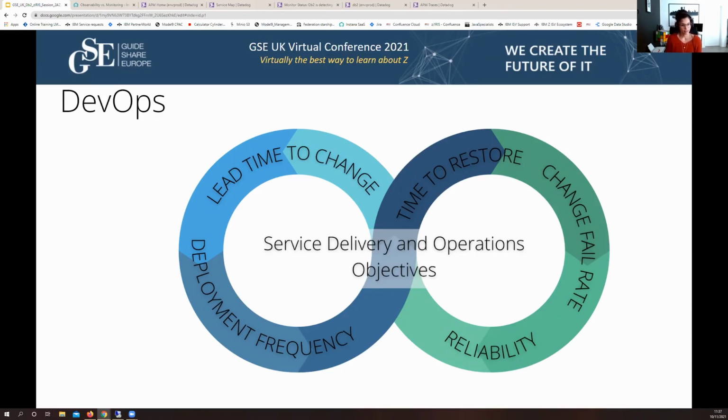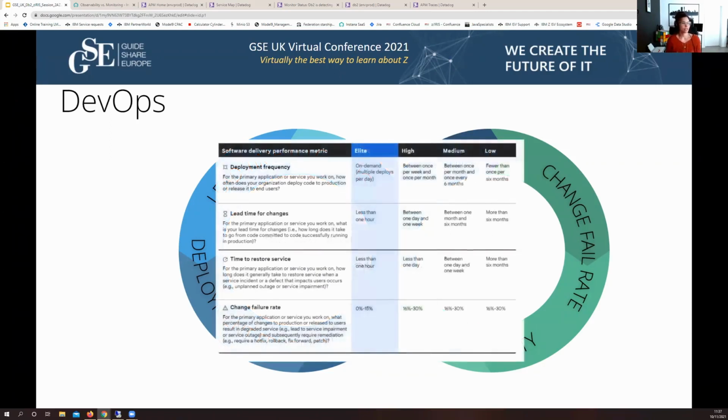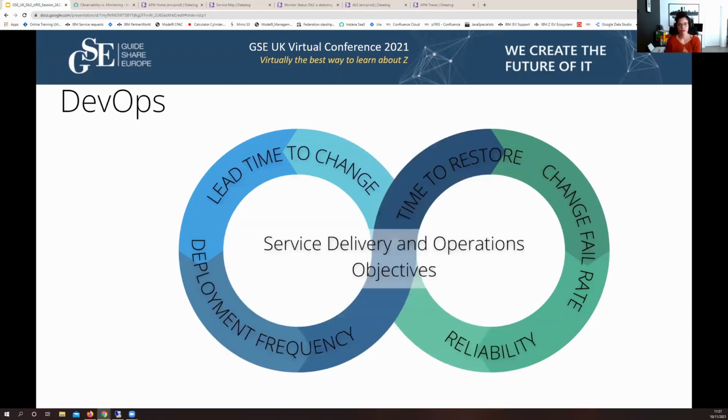If you read this assessment and a lot of other material regarding DevOps and DevOps performance for the organization, you will come across the term, the 5 metrics. These 5 metrics are collectively referred to as the software delivery and operational performance metrics.